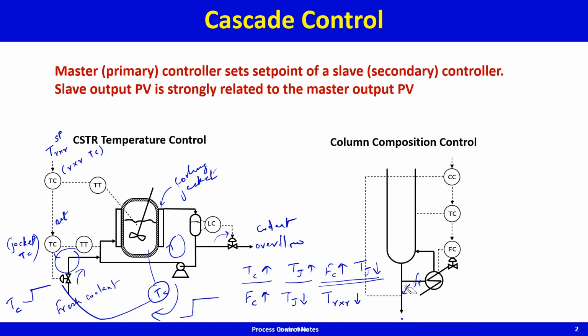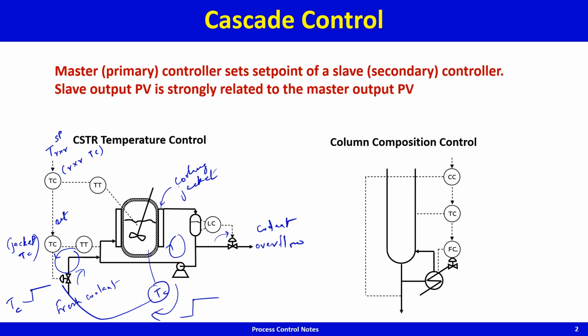So here what we have is, you want to control a distillation column, you want to control the bottoms composition by adjusting the steam to the reboiler, but it's done in a cascade arrangement.